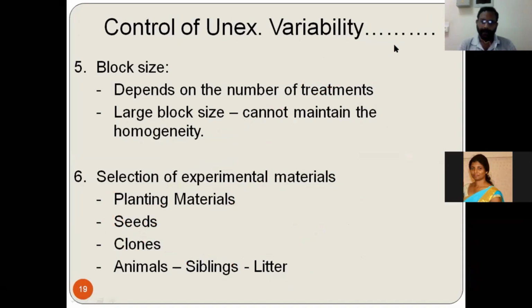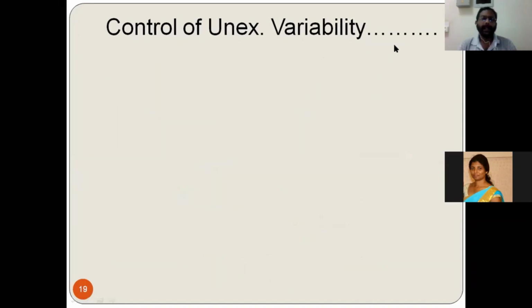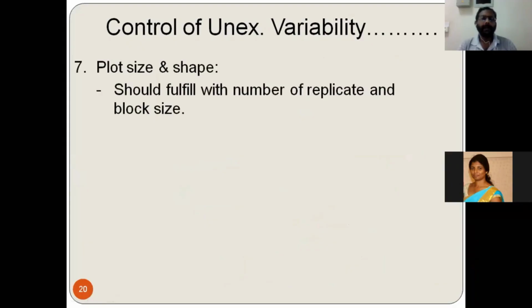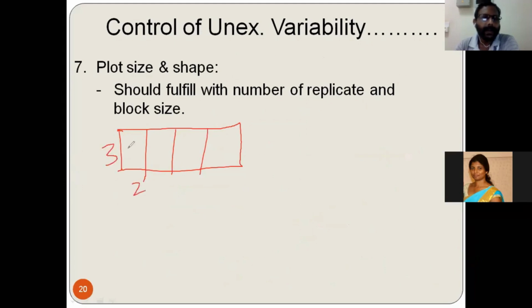Maybe one more slide on this: plot size and plot shape. Earlier we talked about plot size. In our chili example, what was the plot size we had for treatment? 3 into 2, so the plot size is 6 square meter.